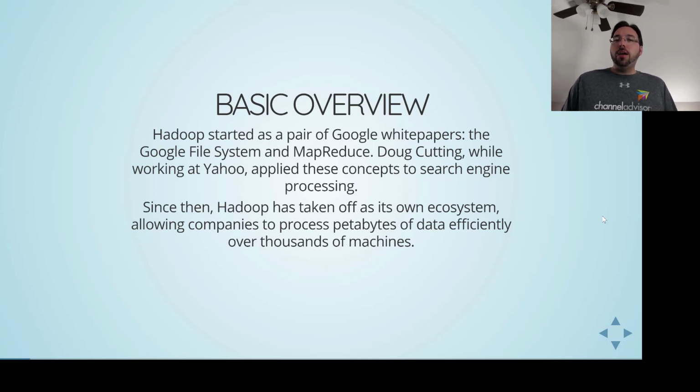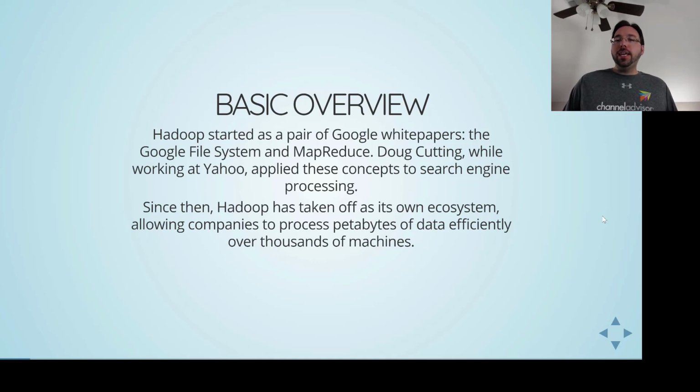Around that time, Doug Cutting was working at Yahoo. Cutting needed to solve similar problems to what Google had. In other words, lots and lots of search data and also relatively unstructured web pages that needed to be parsed.